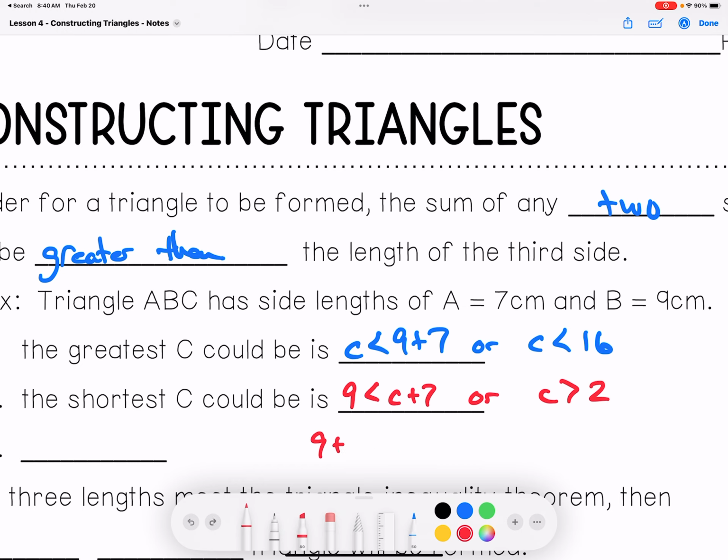And if it was 9 plus 3, okay, that's obviously more than 7. What if it was 7 plus 3? That's 10. Is 10 more than 9? Yes, so that works. But if it was just 7 and the other side was 2, you would only have 9. Is 9 greater than 9? No. So the third side couldn't be 9.